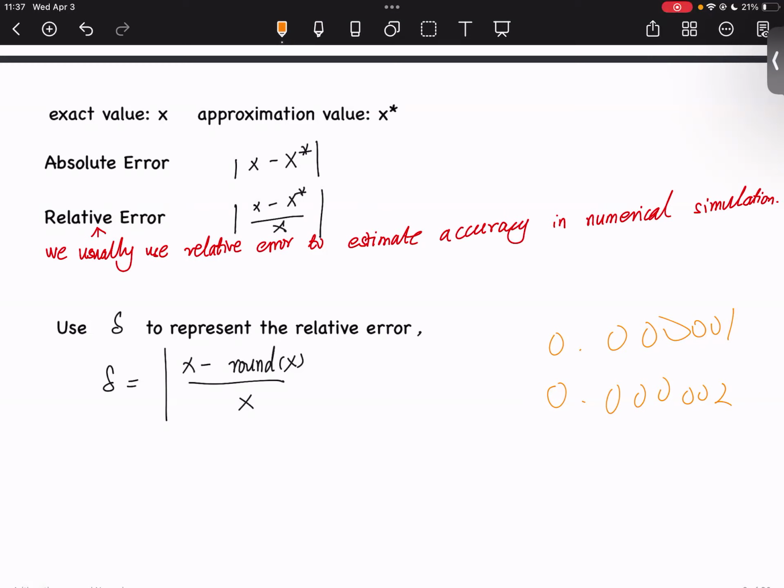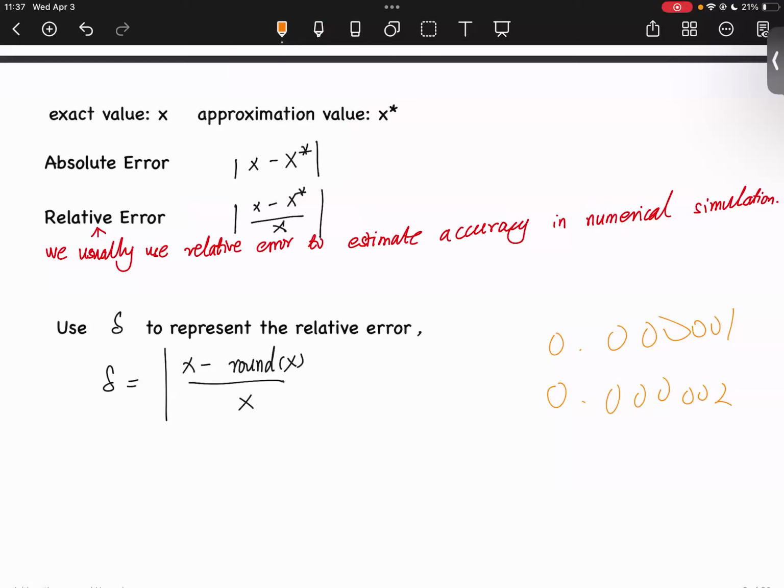Not really. We are not measuring in this way, because maybe all the calculations and all the numbers are in this scale. So if you are calculating the absolute error, it doesn't play a very important part in the measure.